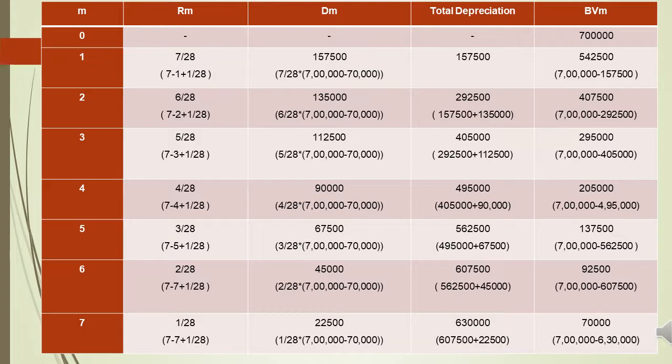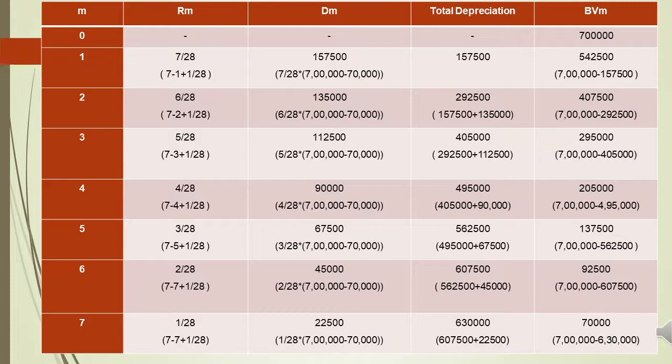So the answer will be 292500. Next you have to calculate the total depreciation for the third year. To find it, you add the total depreciation of the second year plus the DM of the third year. So 292500 plus 112500 will give me 405000.